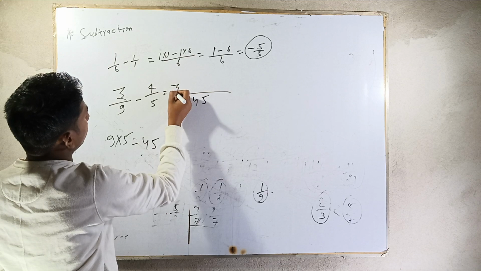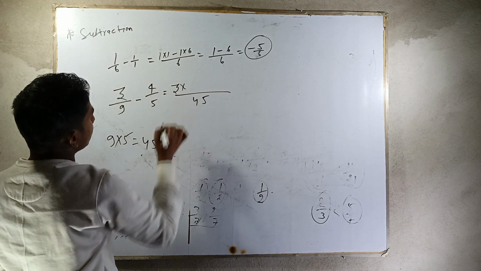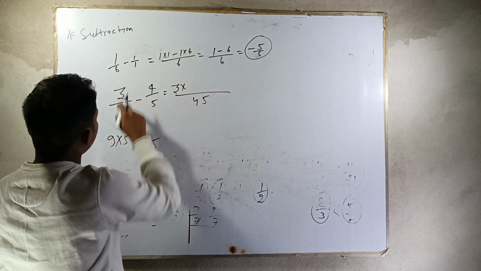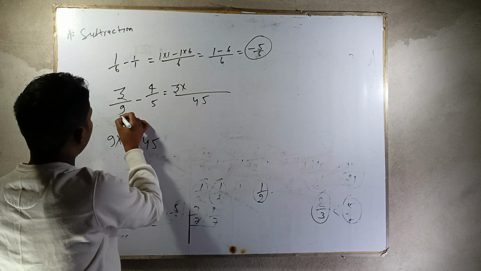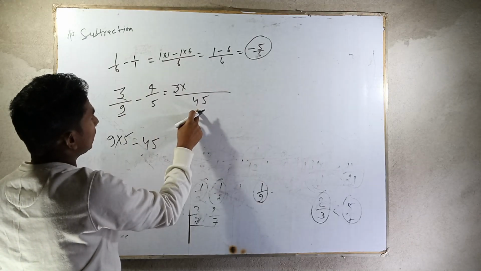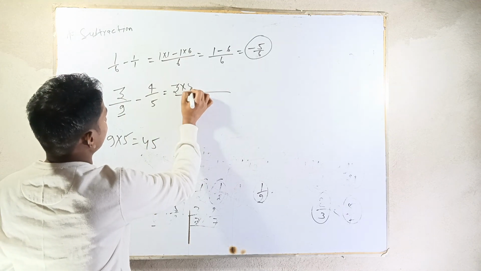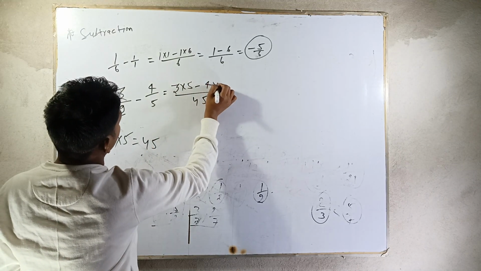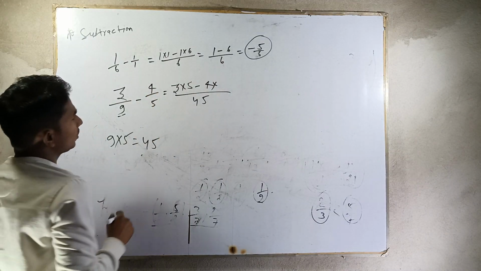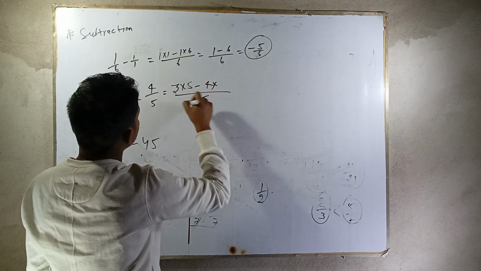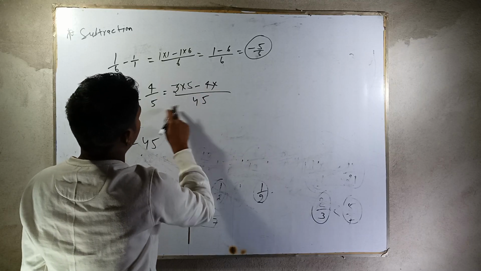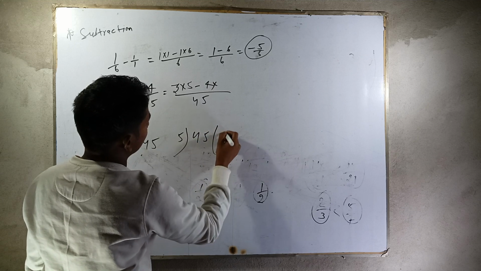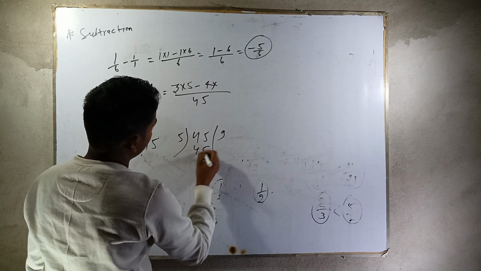Next, I need to write 3 with the sign of multiplication. Then if I divide 45 by 9, it becomes 5, so 5 minus 4, and again I need to write 4, with multiplication. If 5 divides 45, its value will be 9.